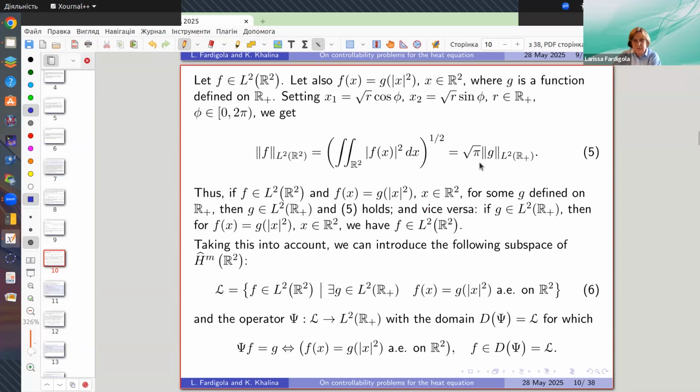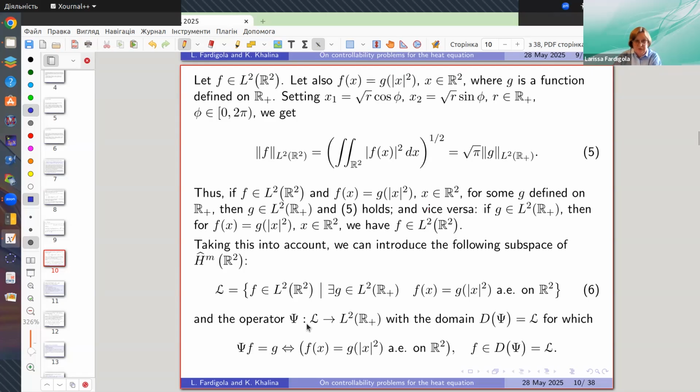So the norm of f can be represented through the norm of G. And this correspondence of f and g can give us the operator phi, and we can also consider the space L: f from L2 of R squared such that there exists G from L2 of R plus such that f of x equals G of modulus of x squared.